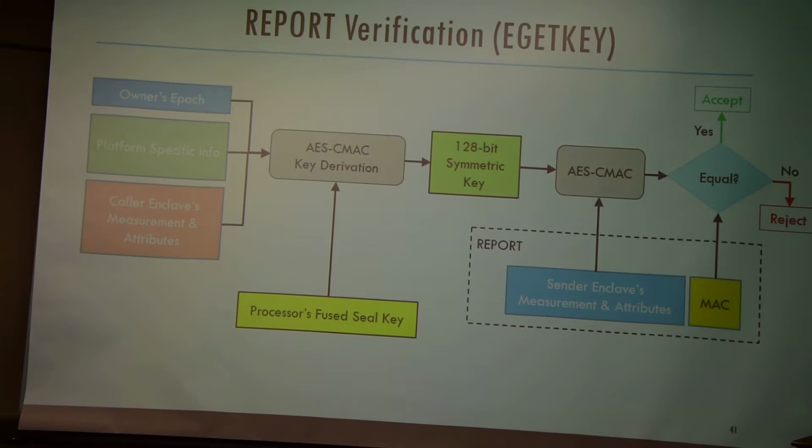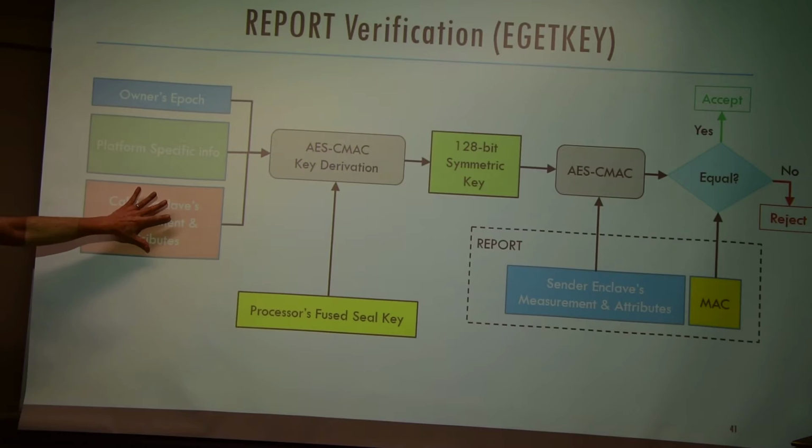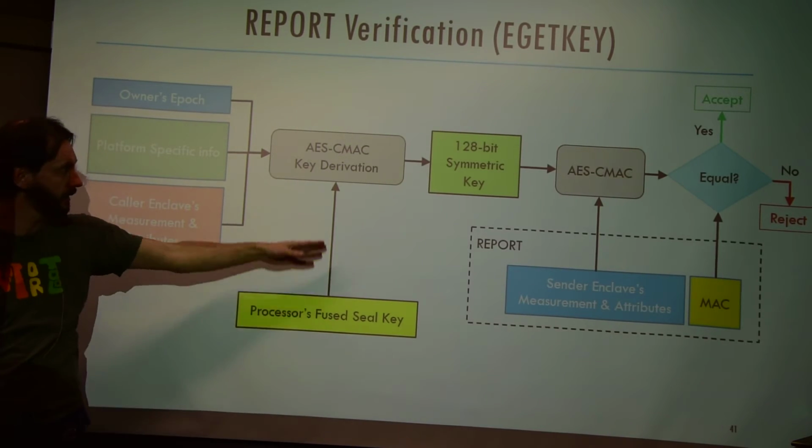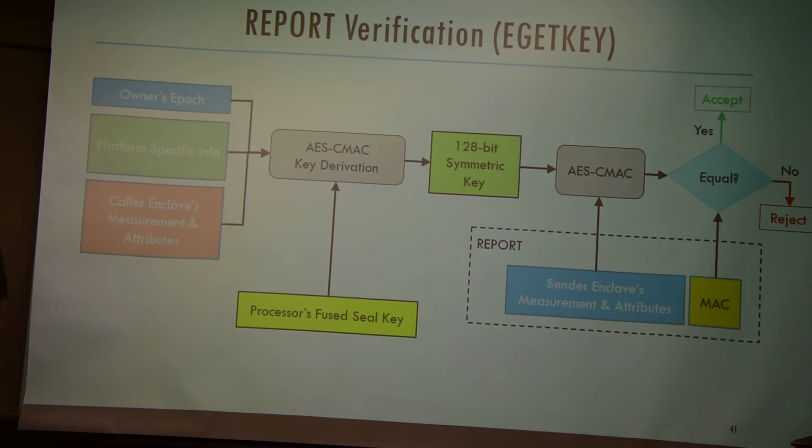That's how that works. But there can be so many enclaves asking for an EGETKEY, right? But only one would get accepted. Every enclave who asks for an EGETKEY in its code, then the SGX hardware takes that enclave's identity, mixes it up with the seal key to derive a report key. But I cannot ask, say, for your report key, because I do not have your identity. My measurement is different from yours.